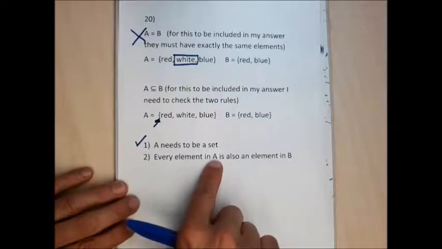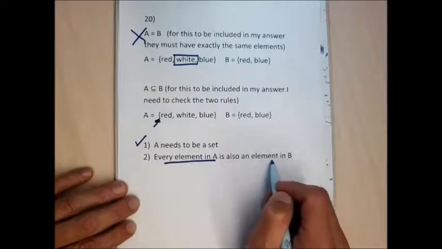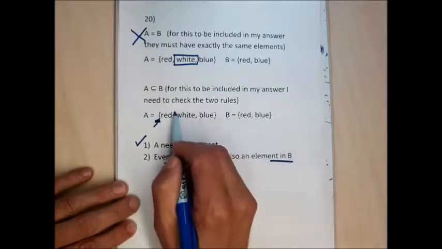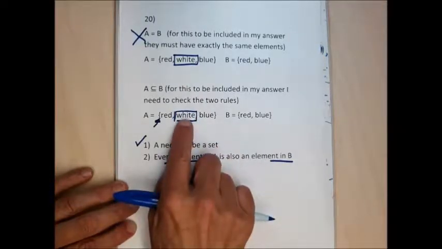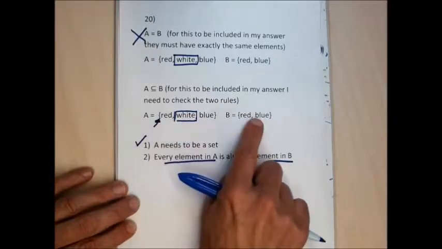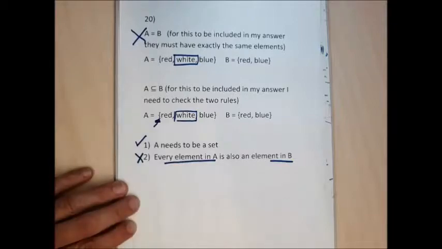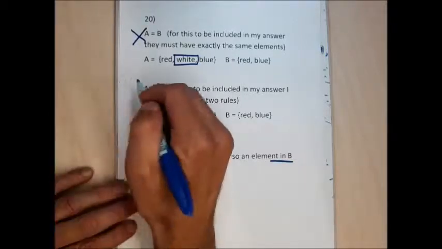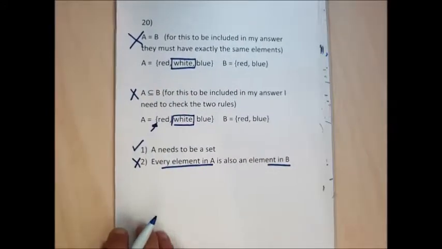The second test for A to be a subset of B is every element in A has to be in B. This white that kept the sets from being equal is also keeping A from being a subset of B. For A to be a subset of B, red, white, and blue would have to be in B, which they're not. So this rule was not satisfied. So this symbol is not going to be part of my answer because A is not a subset of B.